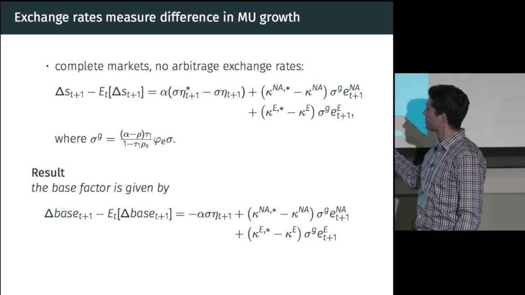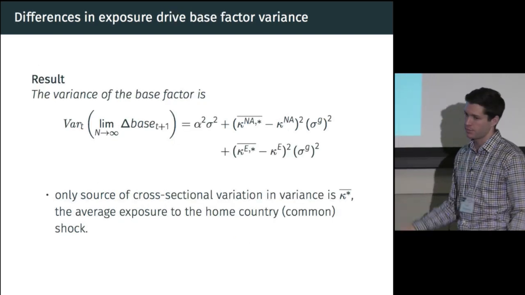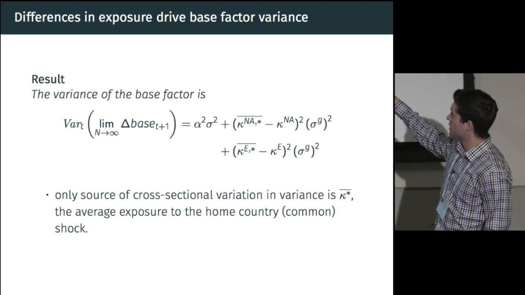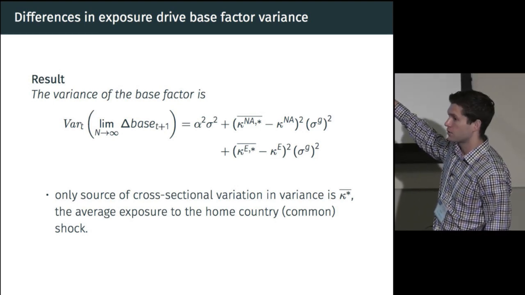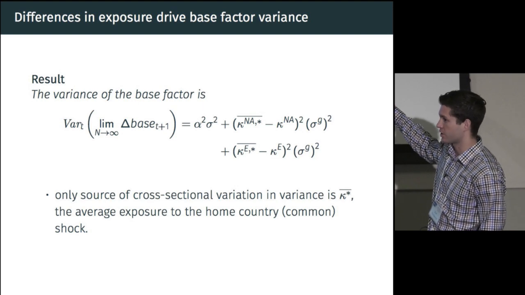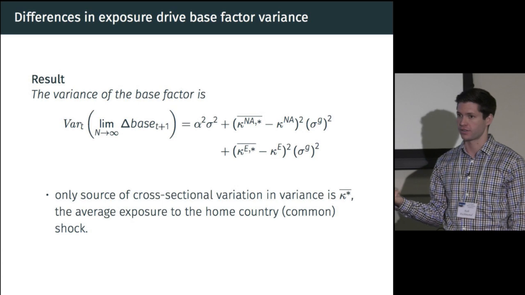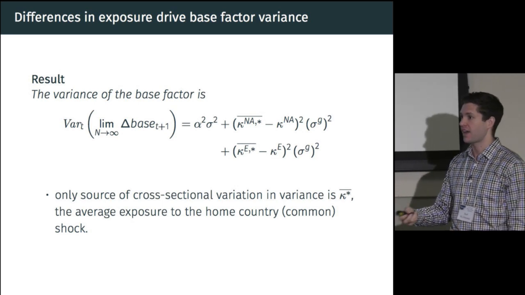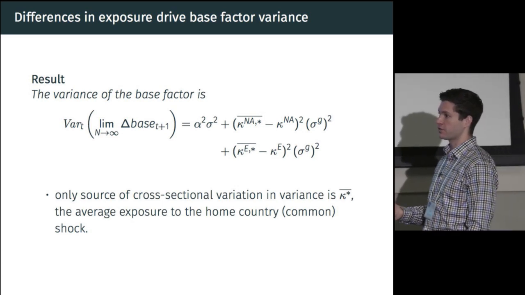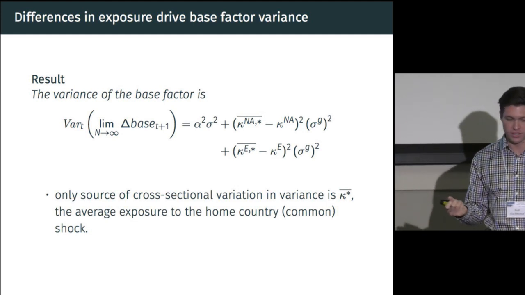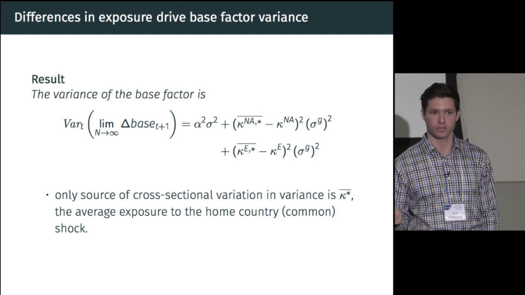The variance of the base factor is related to the difference between the home country's loading on that persistent component of consumption growth and the average of all of the foreign countries' loadings on it. As the foreign countries have loadings more and more different than the home country on those common components, the variance of the base factor is going to increase.